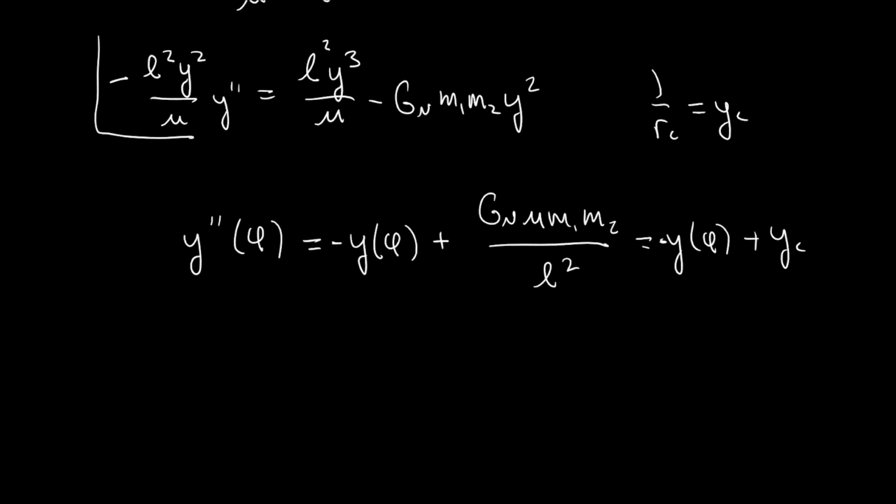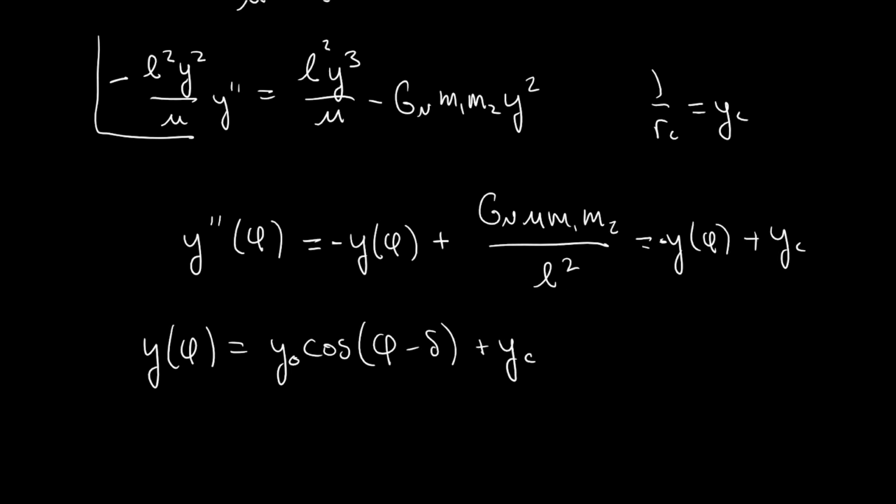So this is a simple equation to solve. This is just a harmonic oscillator, which is shifted by some constant amount. And so this is going to have a solution: epsilon, y naught cosine of phi minus delta plus yc, where y naught and delta are just constants.